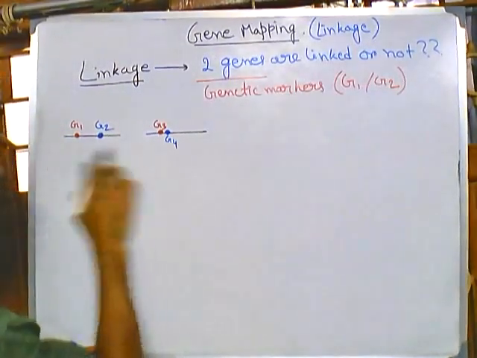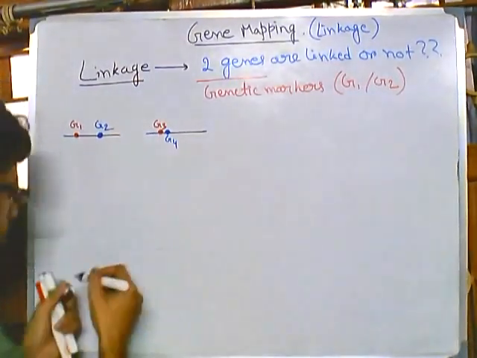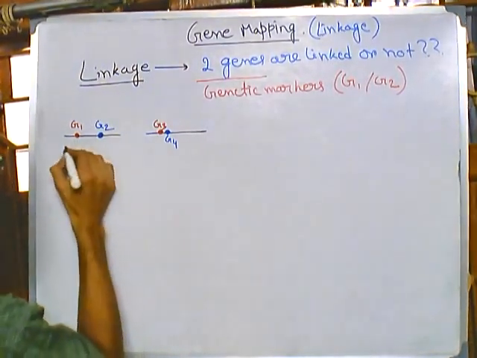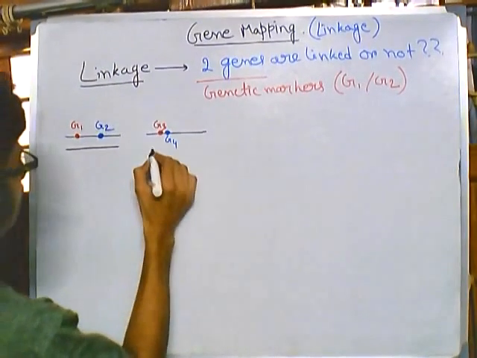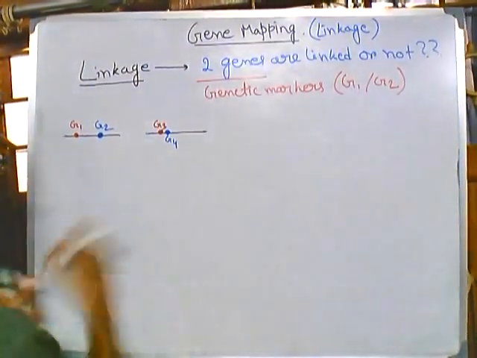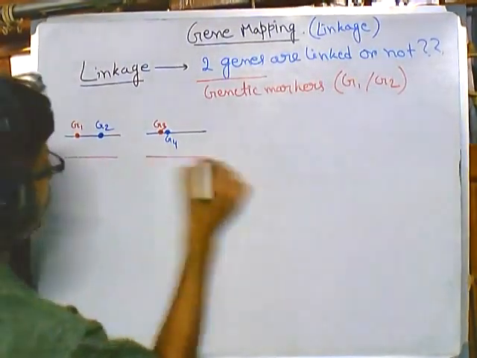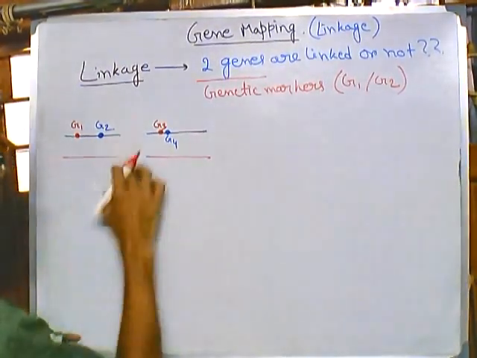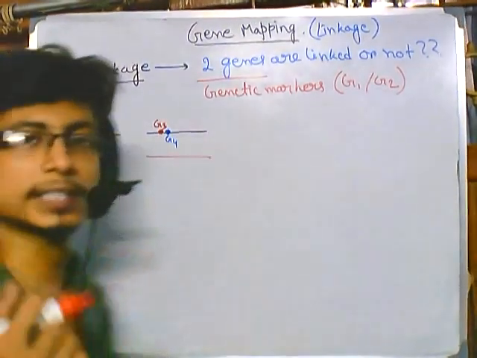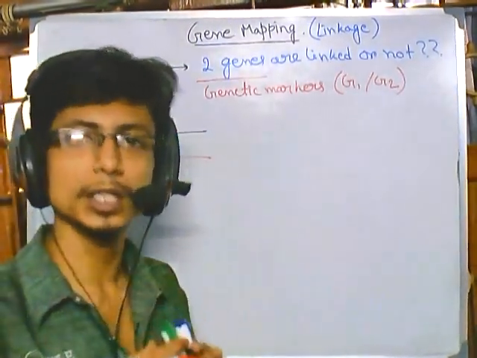So if we place these things, say these are the markers, let me change the color totally. So this is the other chromosome. These two are different types, and the crossing over takes place between the homologous chromosomes.